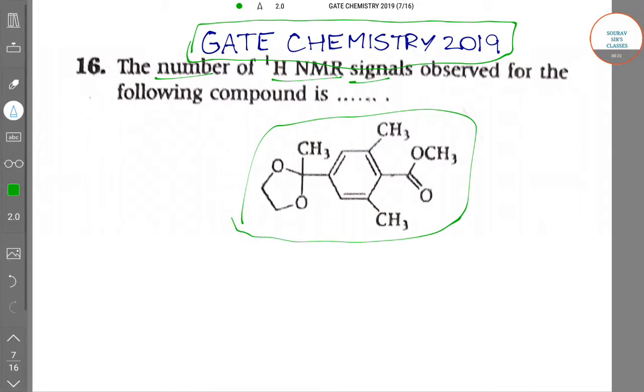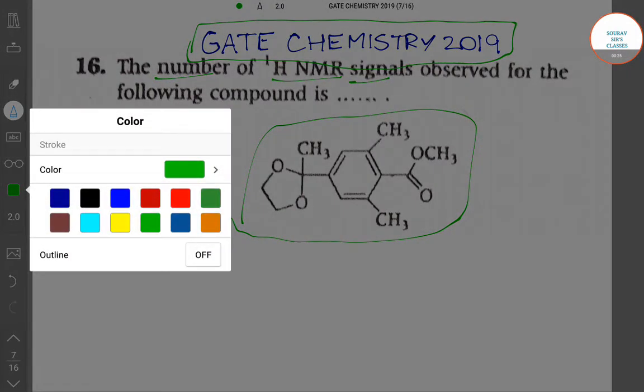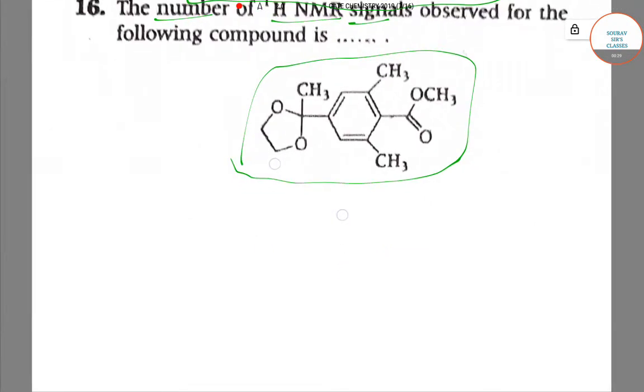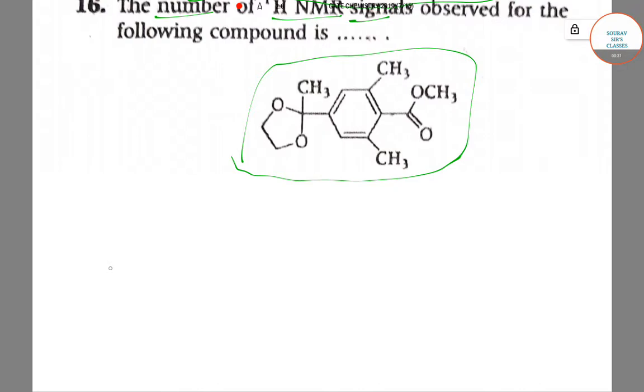To find the number of hydrogen NMR signals, we first need to see what the different kinds of hydrogen in the structure are. For that, let us first draw the structure over here.